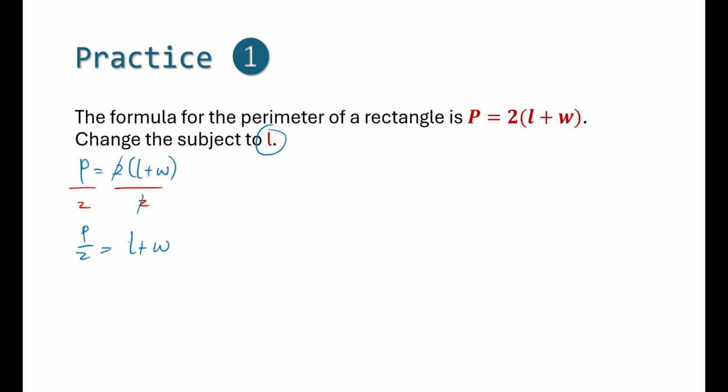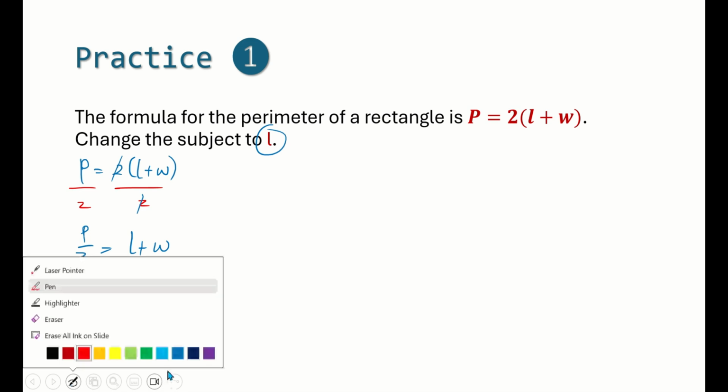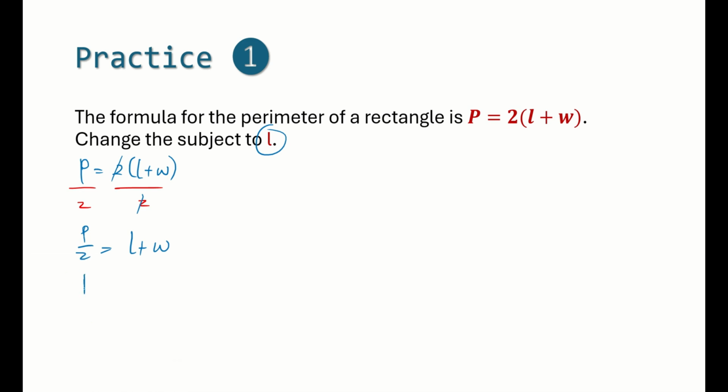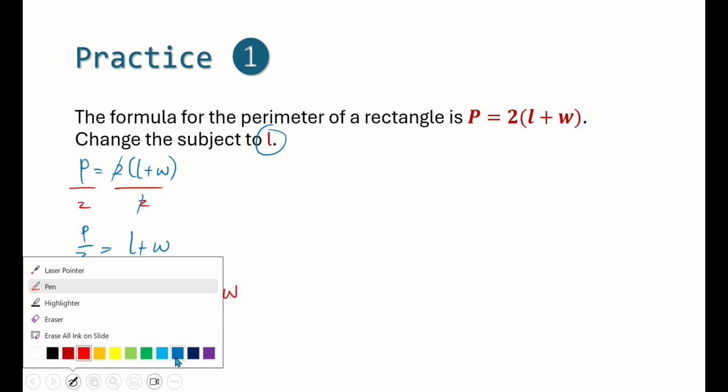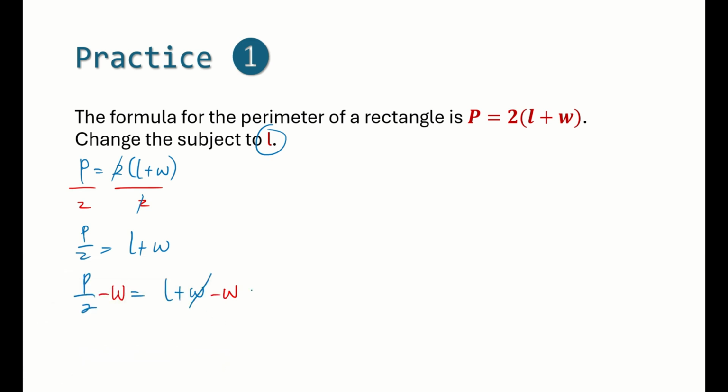How do we let l alone? Since this one is addition, we subtract both of them by the same thing, right? So we have p over 2 equals l plus w. We want to show that this one is minus w. This is the operation to make this w disappear, right?